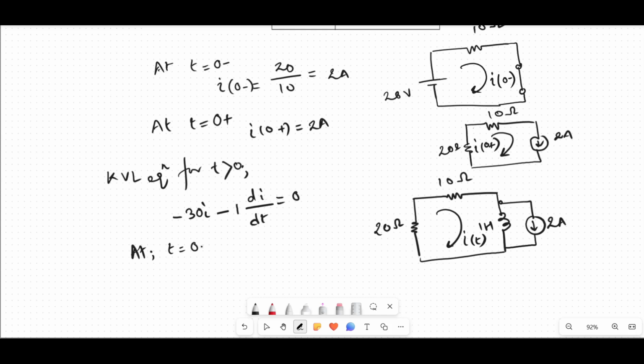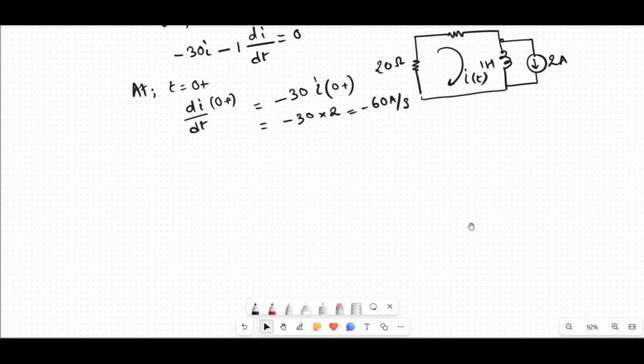At t equals 0 plus, di/dt at 0 plus equals minus 30 times I0 plus, where the value of I0 plus is 2 ampere. So 30 multiplied by 2 gives minus 60 ampere per second. This is the answer for di/dt.